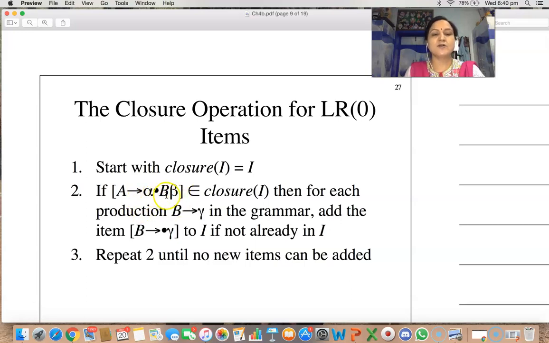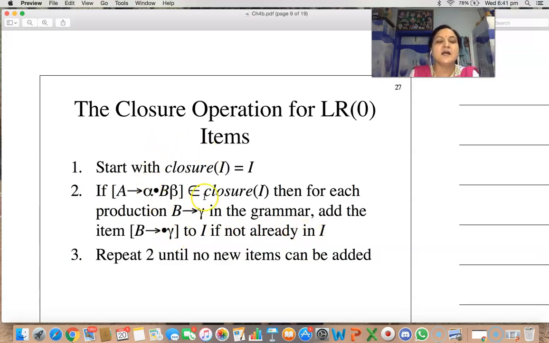A tends to alpha dot B beta means alpha means some of the symbols are read by the parser, and after the dot there is a non-terminal. Beta means any other grammar symbols. If this type of production belongs to closure of I, then for each production B tends to gamma, meaning B is having another production in the grammar, B tends to gamma, we have to add the item B tends to dot gamma to I, if not already in I.